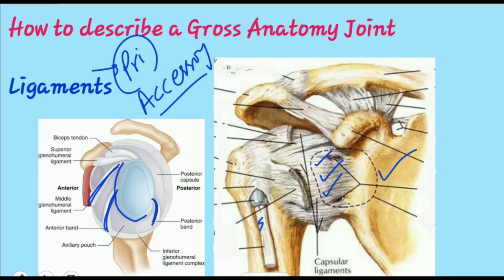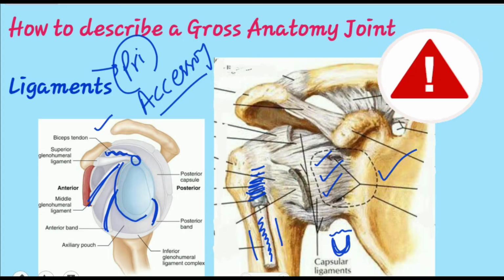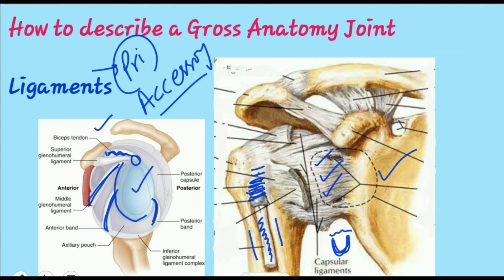Look here, this is the biceps long head which is present in the intertubercular groove. This intertubercular groove is converted into a tunnel with the help of this ligament here. This is the transverse humeral ligament which converts the intertubercular groove into a tunnel. Look here, this is also the biceps tendon. You can note down, coming from the supraglenoid tubercle, this biceps tendon is present inside the joint cavity.